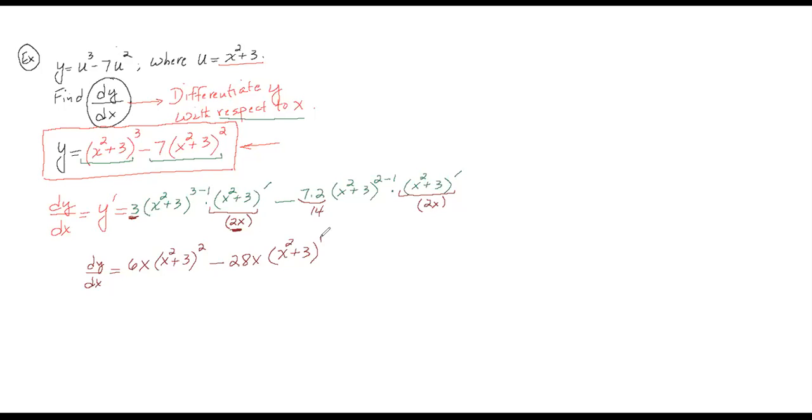All right, now this is the part that you need to pay attention to. Sometimes they might just tell you leave it in that form, do not simplify, but most of these should be simplified. So what you need to do is factor. So 6 and 28, they have a 2 in common. Then you have x in both. And then you also have x squared plus 3 in both.